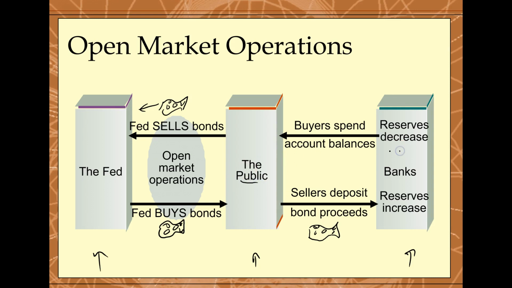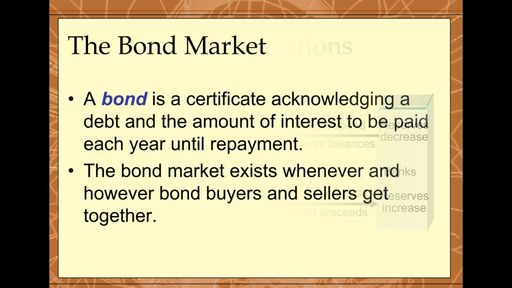They have to withdraw it from the banking sector, and so reserves leave the banking sector, and that goes down as a result. So can you see how this buying and selling of government bonds causes the public to withdraw or deposit money into the banking system, thereby affecting the reserves in the system?